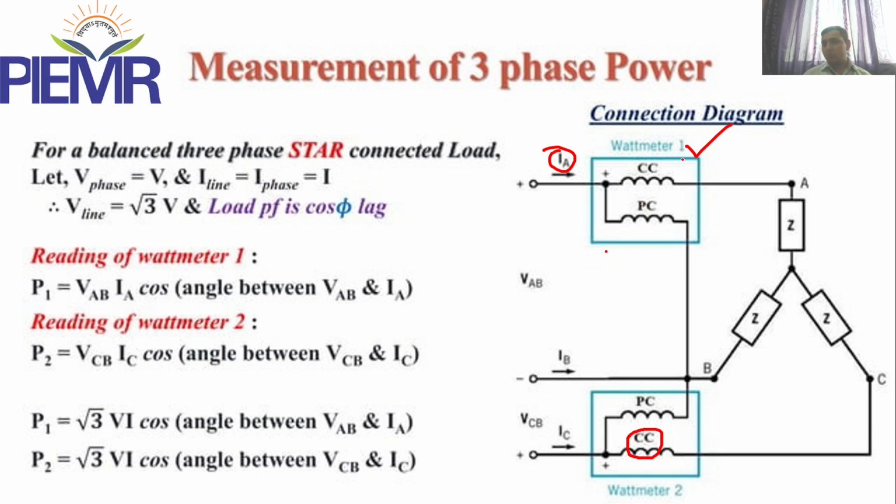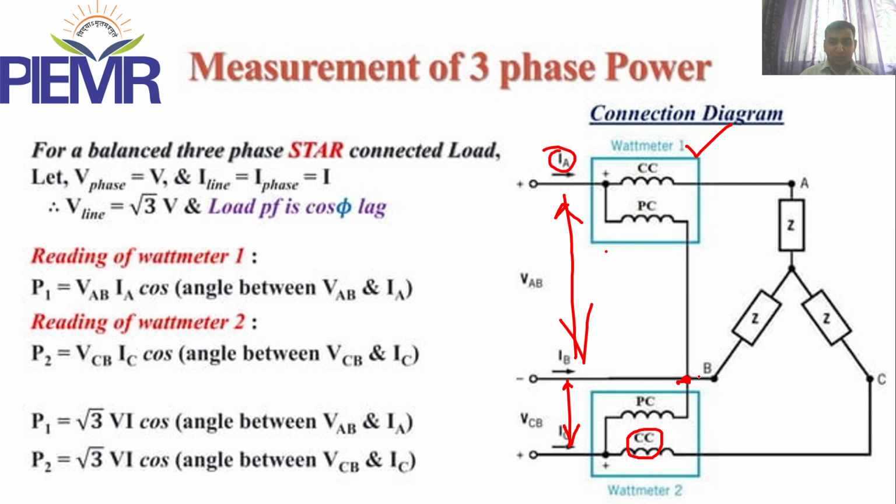The potential coil of wattmeter 1 measures the voltage VAB, whereas the second wattmeter measures the voltage VCB. So both wattmeters have a common voltage node at phase B.